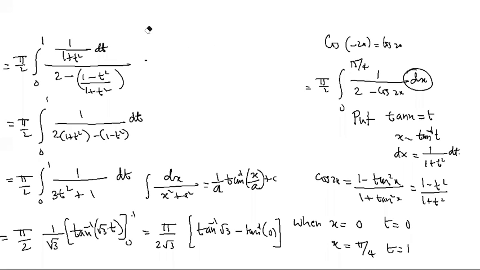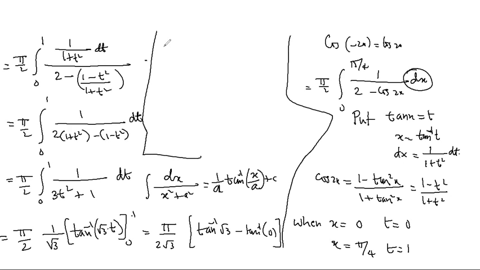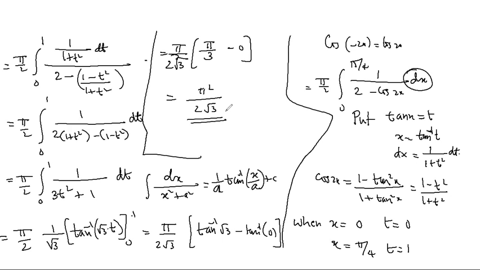Pi by 3. So that is pi upon 2 root 3 times pi by 3 minus 0. So pi square upon 6 root 3 becomes your answer. 3 into 2, 6. 6 root 3. Is it okay? Yes, sir. So pi square upon 6 root 3.